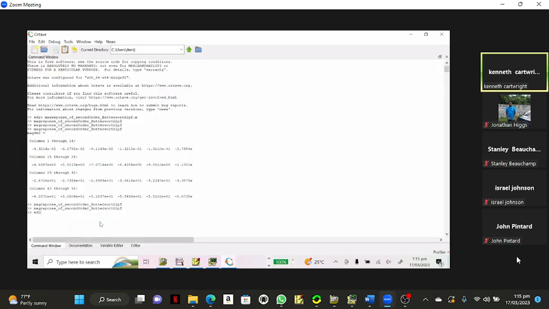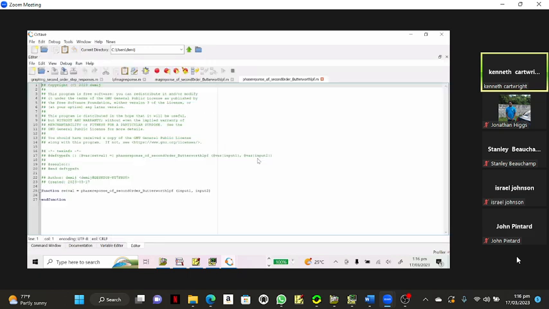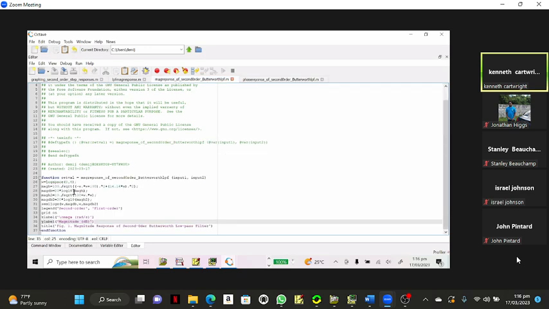So edit. Edit phase response to second order Butterworth low pass filter. Okay, that works. So we create it. And let me go back and copy some of this stuff.